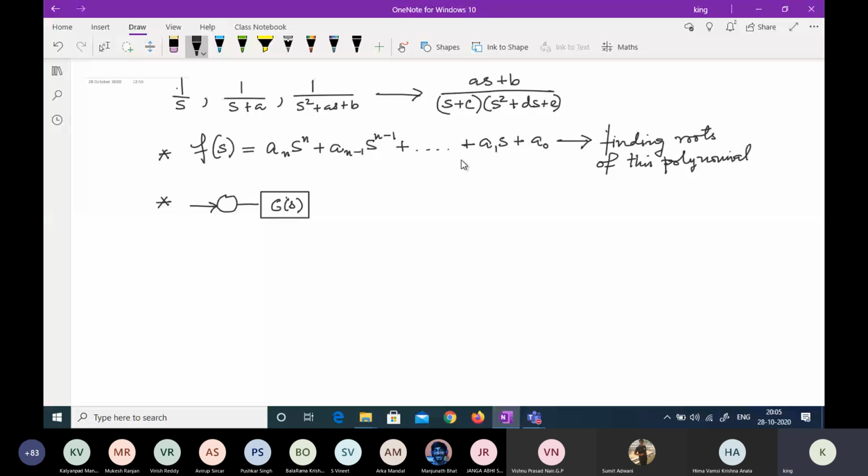Factorization means you actually are finding out the roots of this polynomial. On the other hand, you must have also had a situation like this where you have some input, and by this time, correct me if I'm wrong, you must have done something like this, having a feedback.